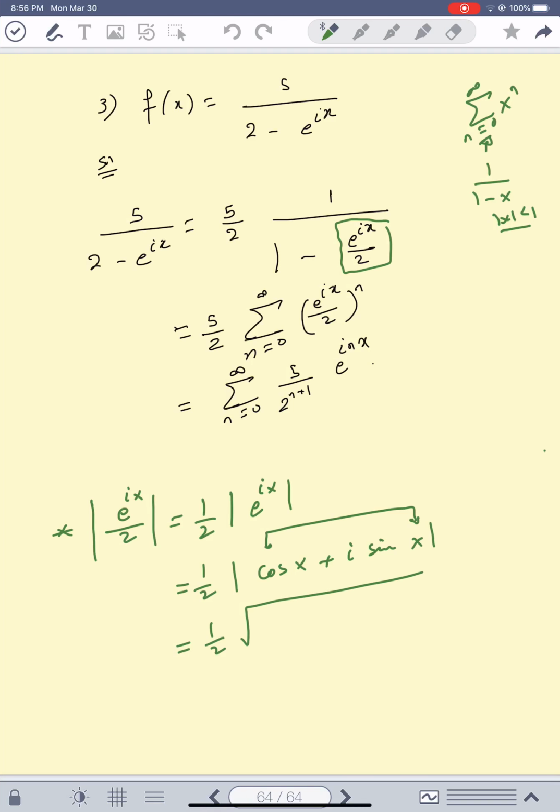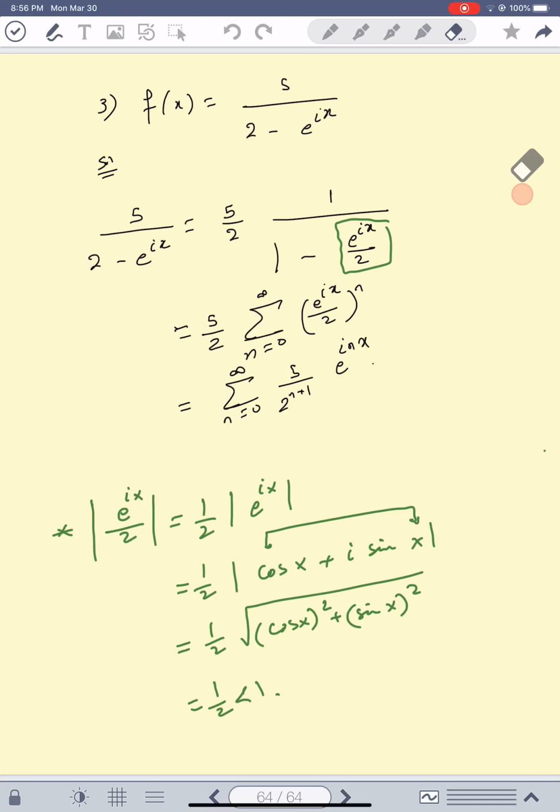It's the square root of the real part squared plus the imaginary part squared, which is cosine squared plus sine squared. So it's half times 1, which is half, which is less than 1. Because it's less than 1, we can apply the geometric series idea. This is how we find the complex Fourier series of this function.